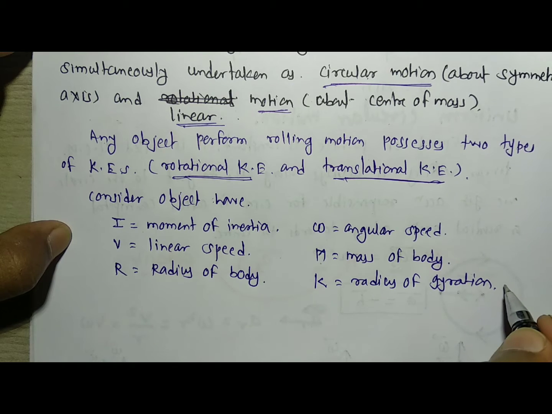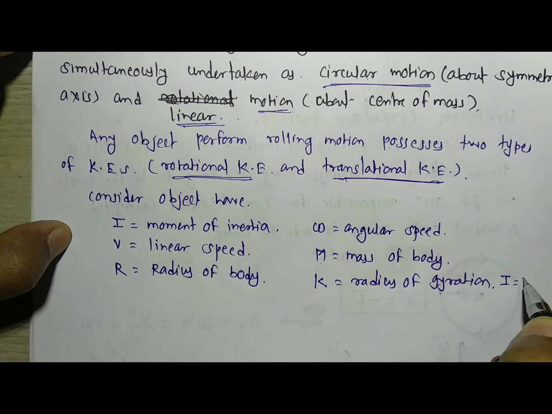According to the radius of gyration, the moment of inertia I is equal to m k square.